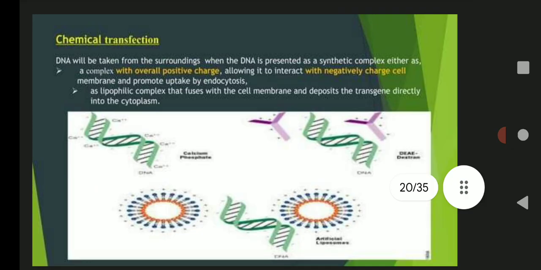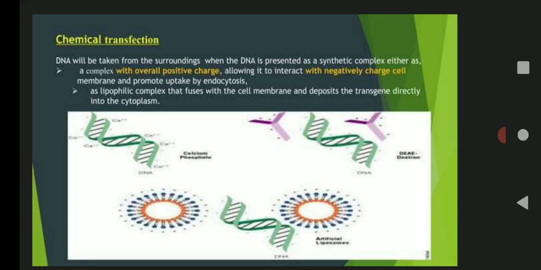Further, we come across the use of chemicals for the delivery of DNA into the cytoplasm. Normally, the DNA is negatively charged due to the presence of phosphodiester linkages and is complexed with positively charged chemical molecules, and it gains entrance. The first and foremost is the lipoprotein complex, that is, liposomes carrying the DNA within the inner core.